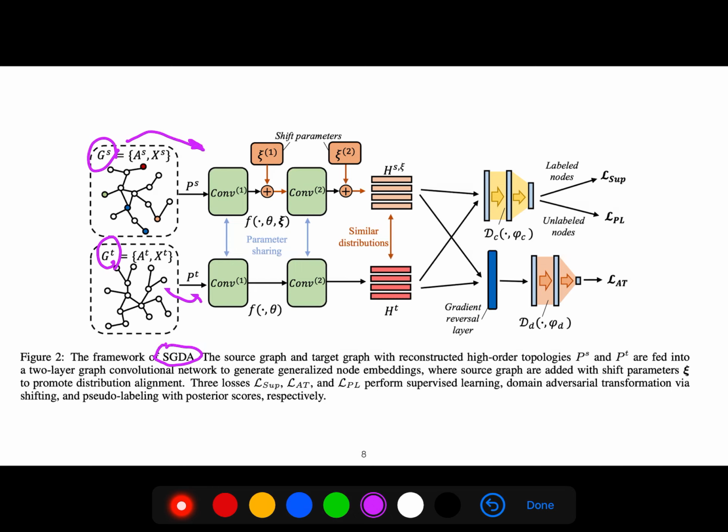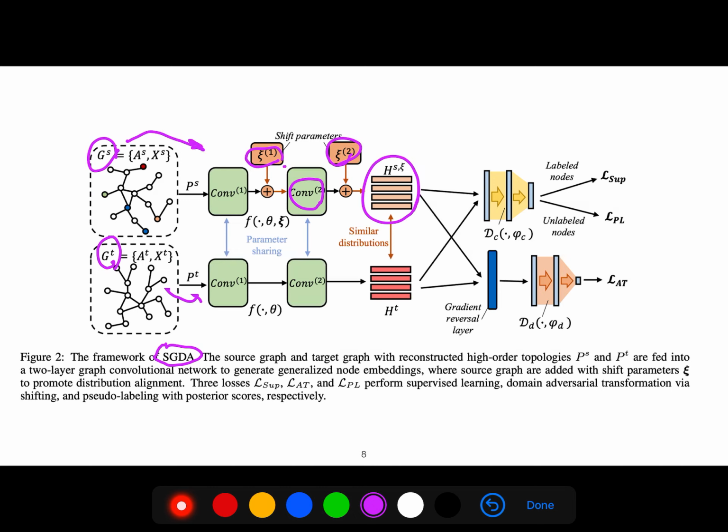The source graph and target graph with reconstructed high-order topologies are fed into a two-layer graph convolutional network to generate node embeddings, where source graphs are added with these shift parameters to promote distribution alignment.